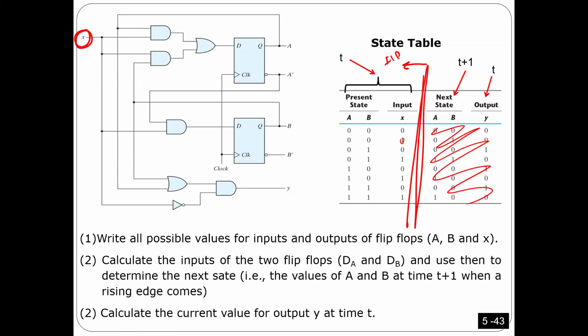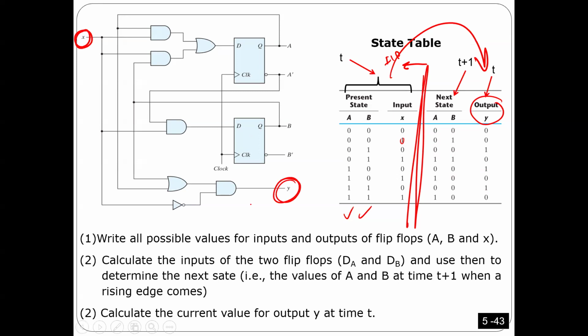Now the question is, okay, so this looks easy. Once you create this one, how can you create the output here? First, the output will be, number 1, the real output we have here, Y. Number 2, the new states. What are the new states? So I need to fill up this one.